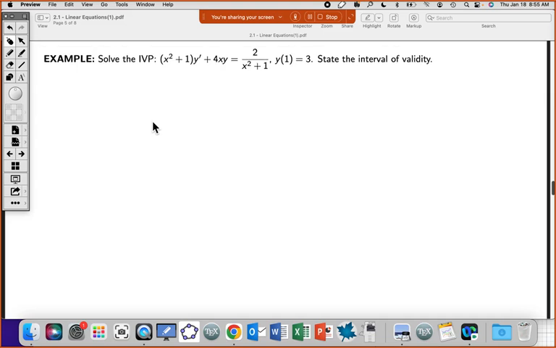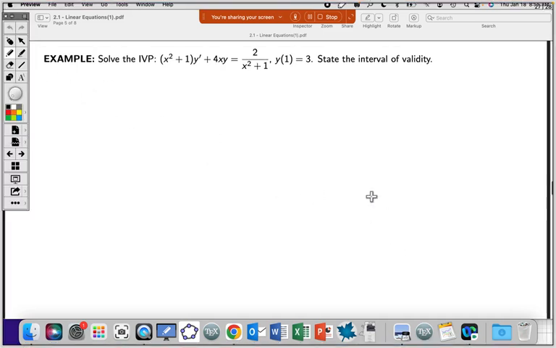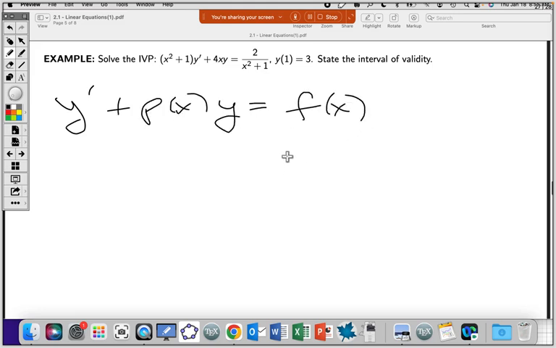Okay, this example, I'll leave this to you to work through. The answer is there. What's the very first step, though, for this example? The very first step in all of these examples is to write in that standard form. Get the y prime by itself.